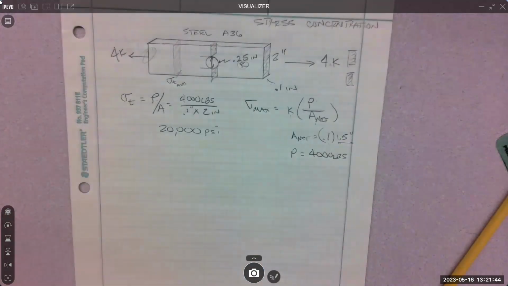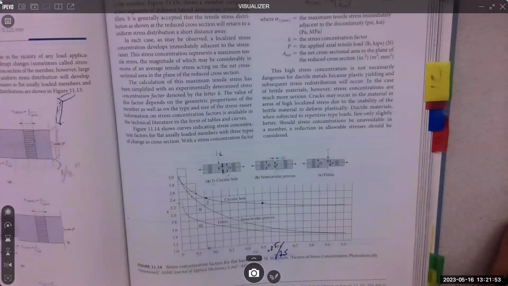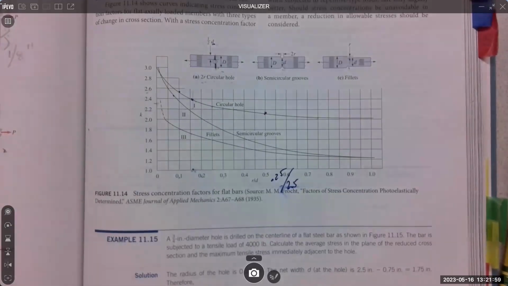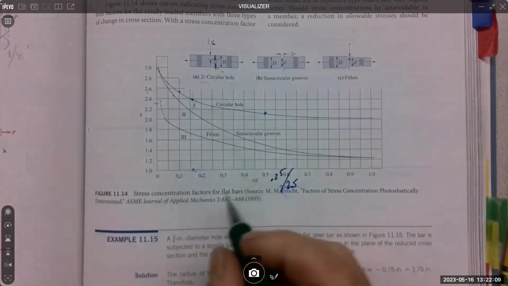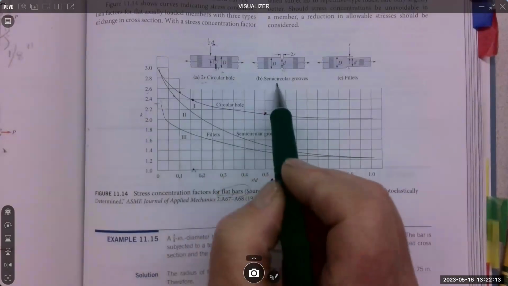And now we need this K factor. To get K, there's a graph. Anytime there's a graph, that means it is subject to our interpretation, so we'll typically end up with some slightly different answers. It is a stress concentration factor for flat bars, and we're going to do 3 cases.